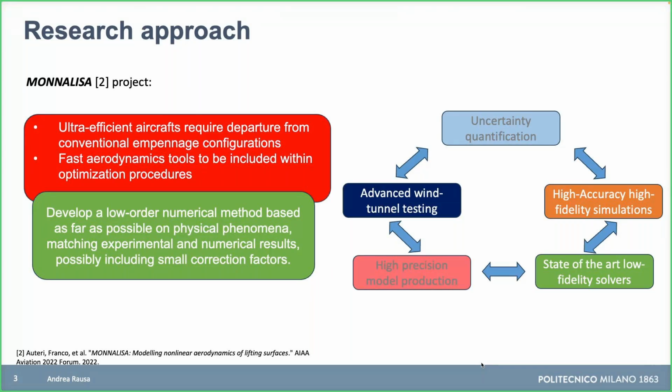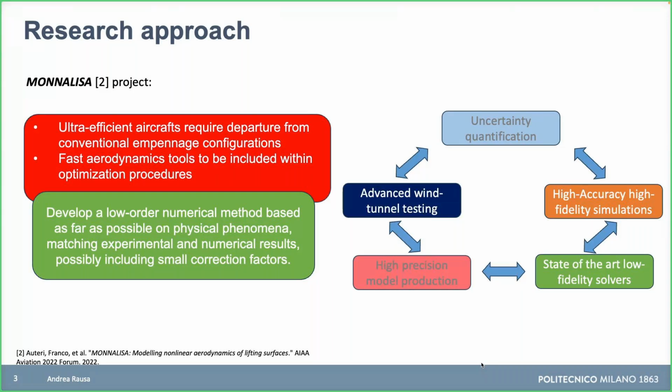This lower-fidelity numerical method has to be used, for example, for optimization purposes, since the number of evaluations of a cost function is going to be large. And if you use simply RANS or other numerical methods, it's going to explode the computational time required.